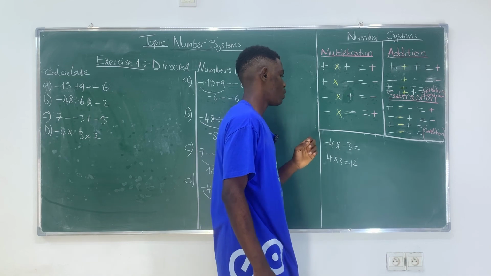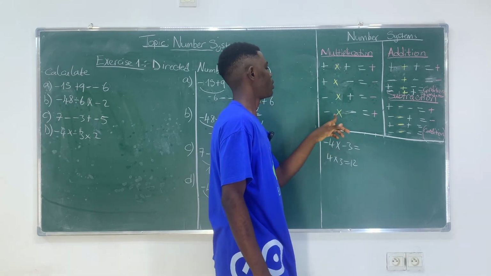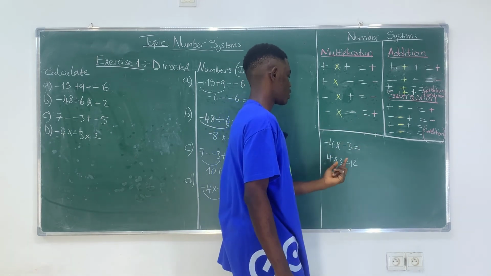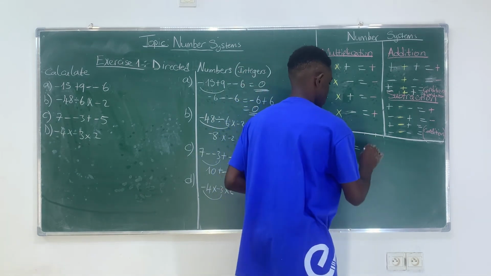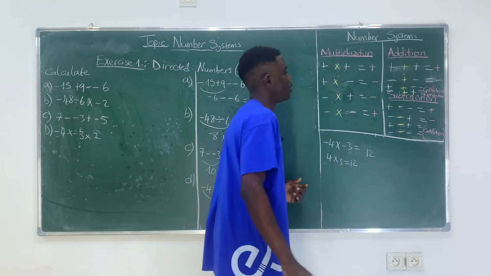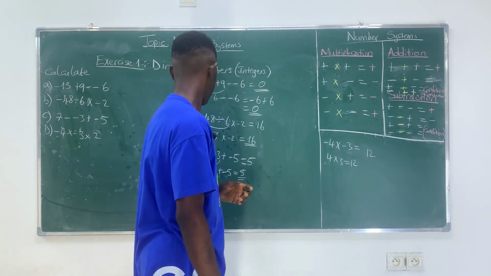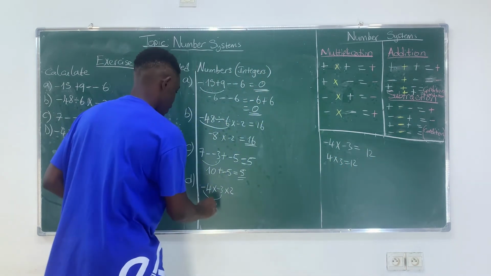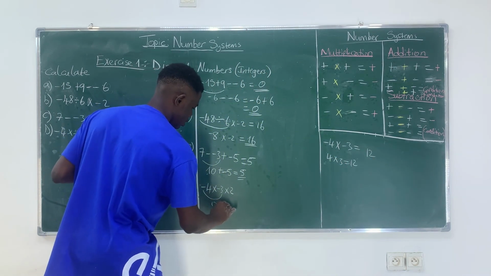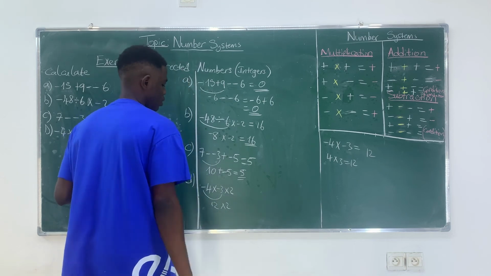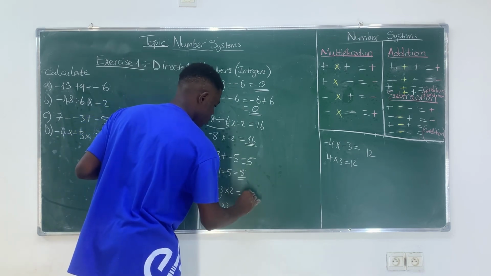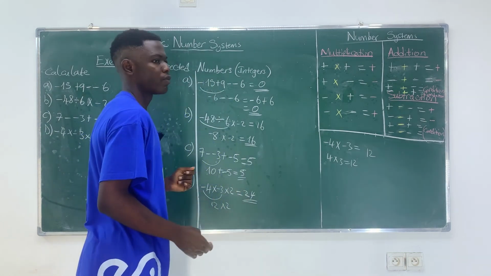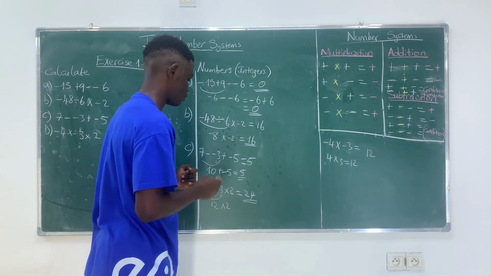Since there is minus times minus, you put a plus on the answer, so it is positive 12. Then you put your 12 times 2. What is 12 times 2? 24. And that is all.